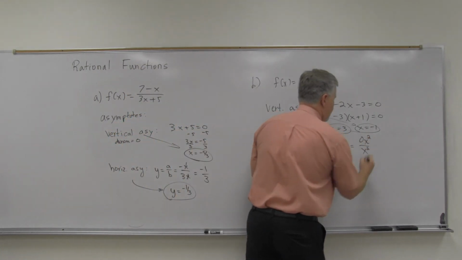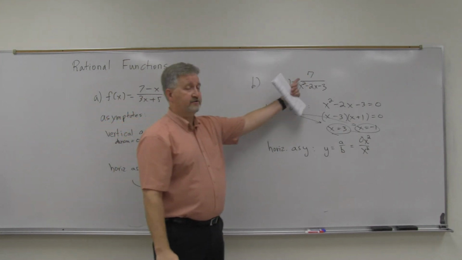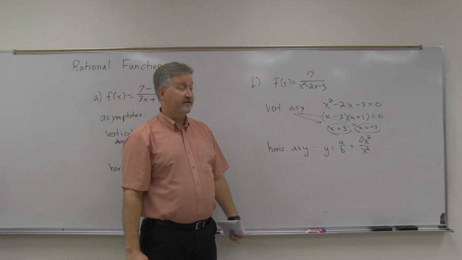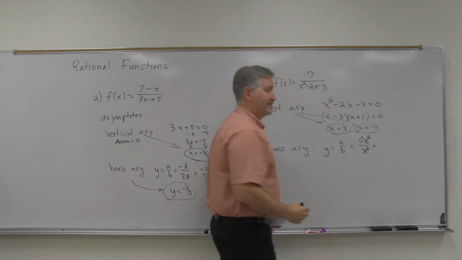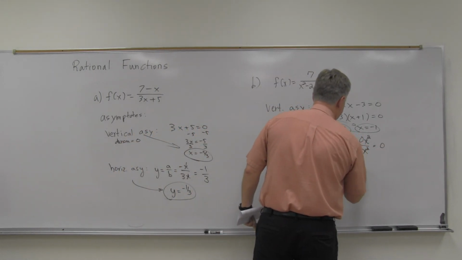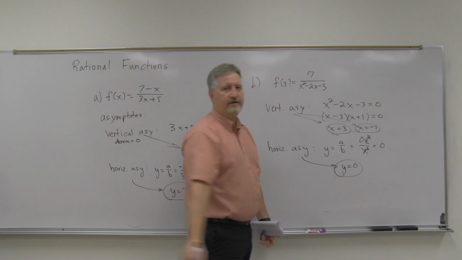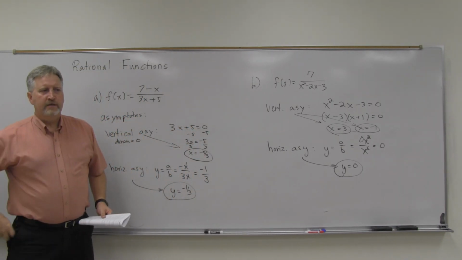To make these match, the top is 0x squared. Well, your x squareds cancel. What does that leave you? 0. Y equals 0. So the horizontal asymptote in that case is y equals 0. We'll do some more next time.